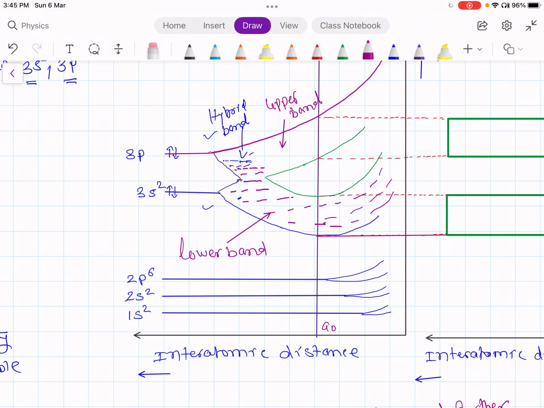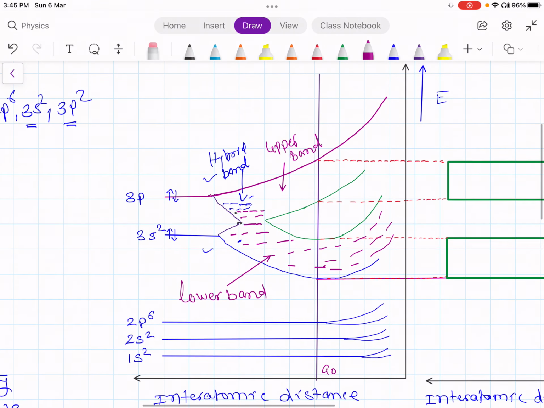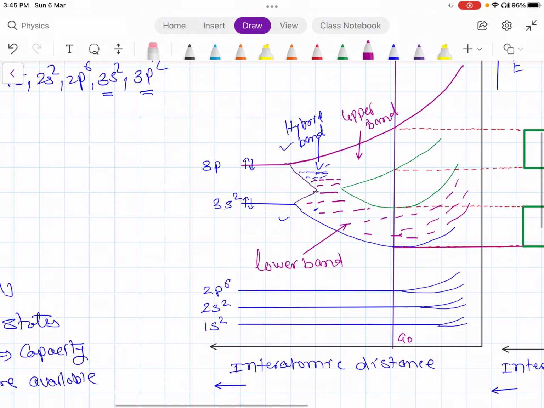As interatomic distance decreases further, the splitting will increase. In this diagram, on the x-axis there is interatomic distance, y-axis is energy axis. And A naught is the actual interatomic distance.